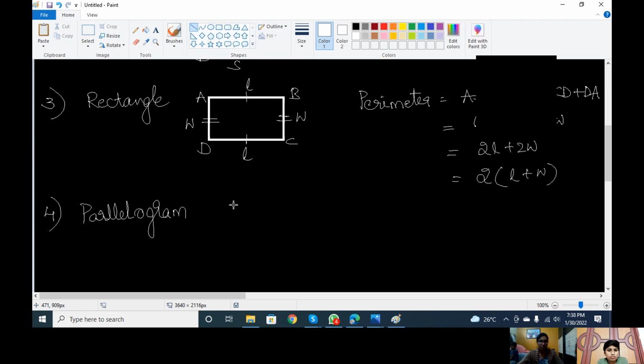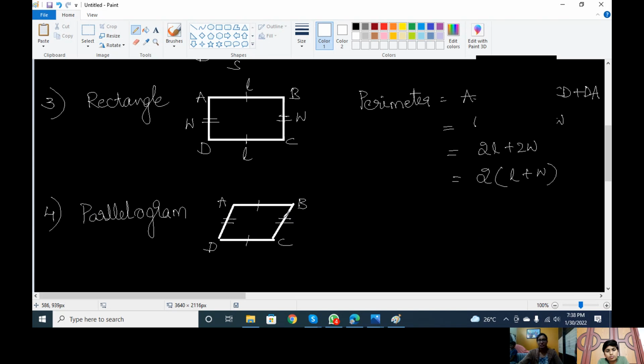Parallelogram, ABCD. In a parallelogram, the property is that opposite sides are equal like a rectangle, and they are also parallel.